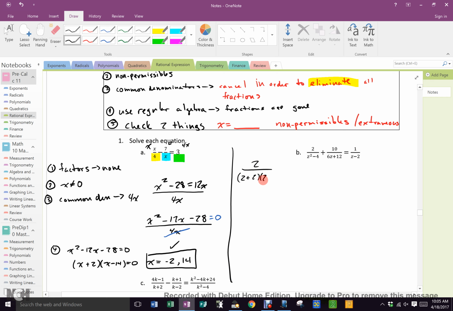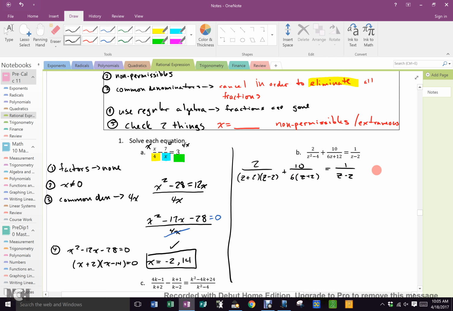I shouldn't have used z. Plus 10 over, what's coming out here? What stayed in? Z plus 2 equals 1 over z minus 2, yes?